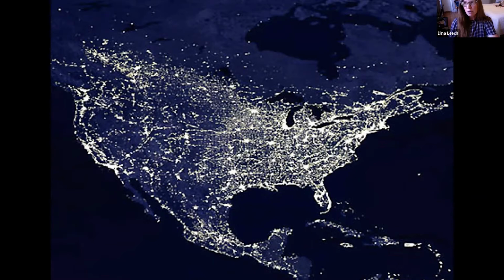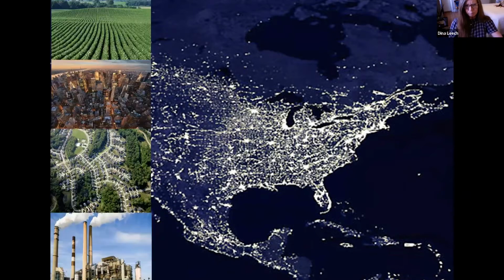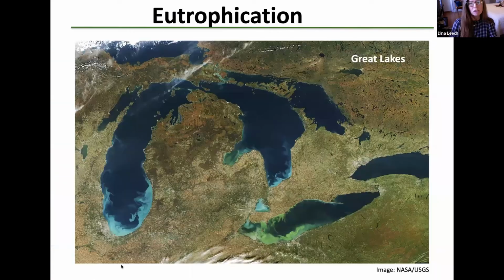And as more and more people move into watersheds and alter the landscape so that we can grow our crops, build cities, build our homes, build factories, we begin to change the characteristics of a watershed, and that can lead to increased inputs of nutrients, organic matter, or both.